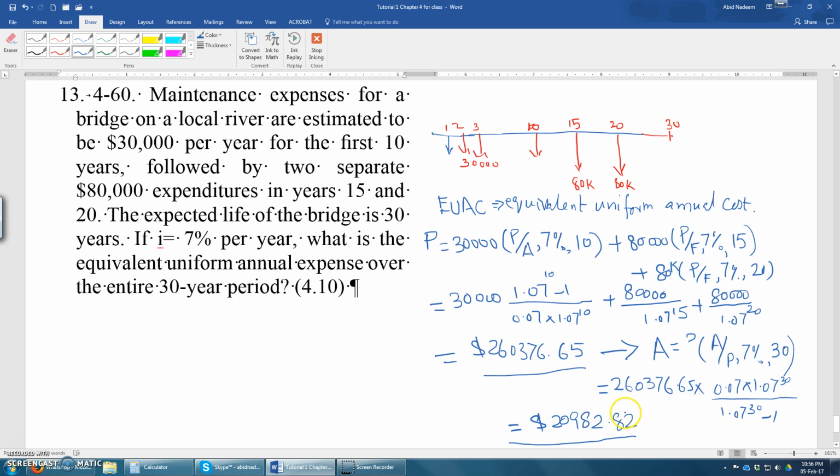So 30 values of this $20,982. These are equivalent to this. This is the equivalent uniform annual cost or annual expense, whatever you say. It's the same.